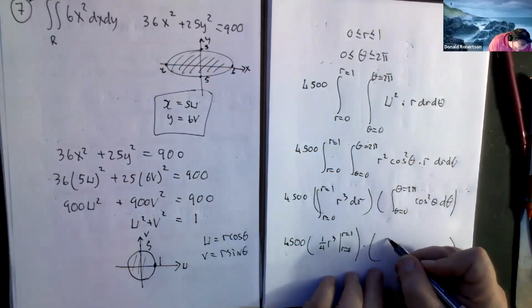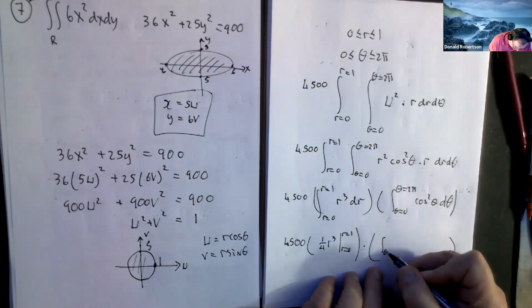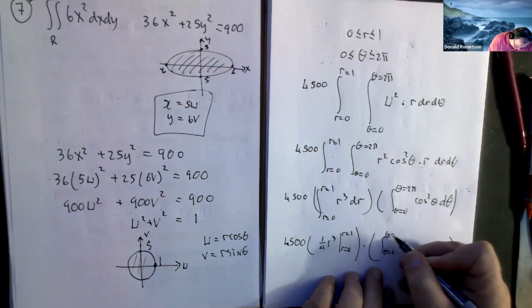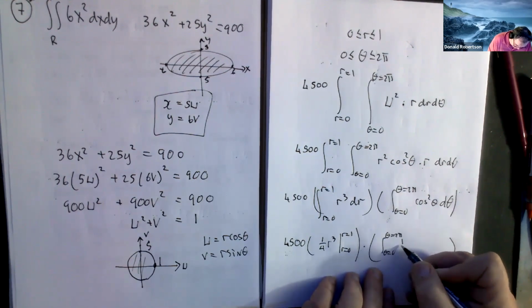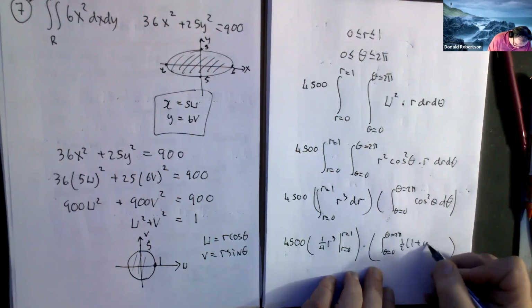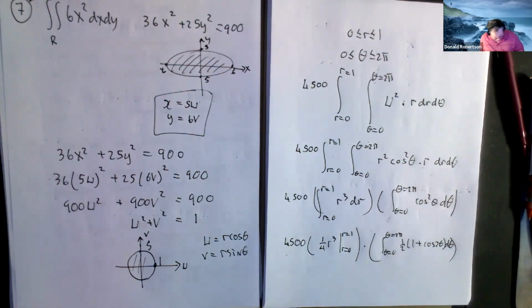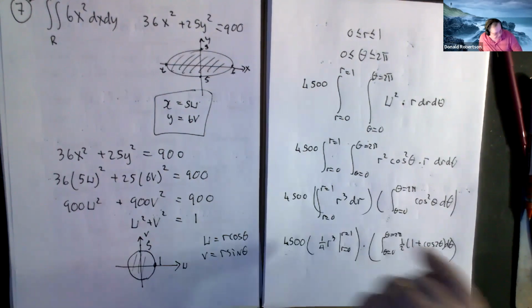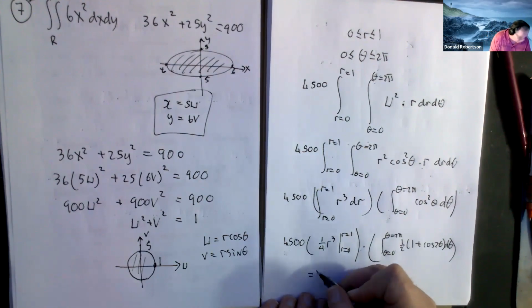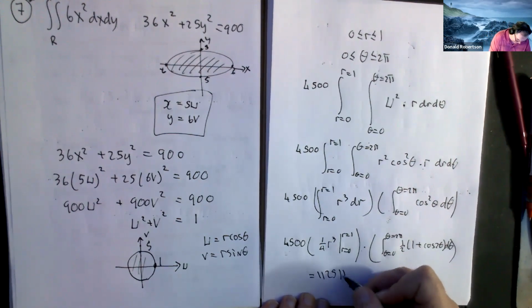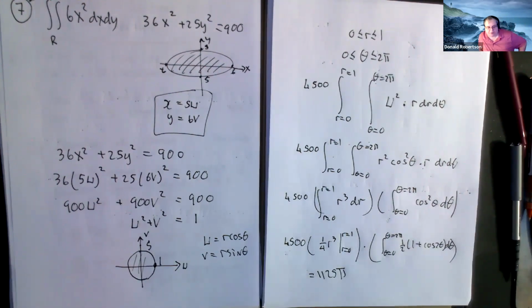That works. So the integral from theta equals 0 to 2 pi. I'm just writing it slightly different, but yours is perfectly correct. It's that. Okay. I'm going to stop here, but this times this number times that number is 1125 pi. And I'll take their word for it because that's what they tell me in the answer grid.